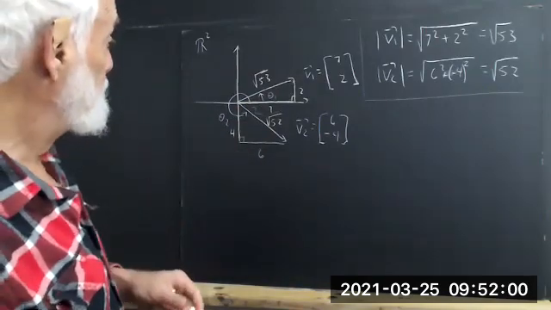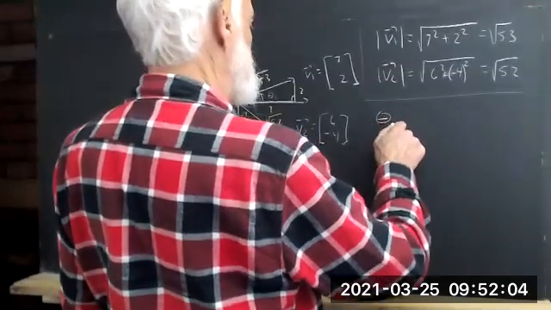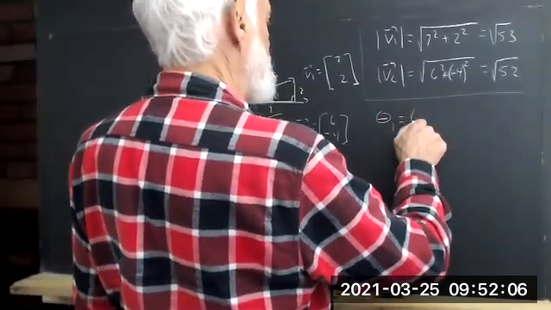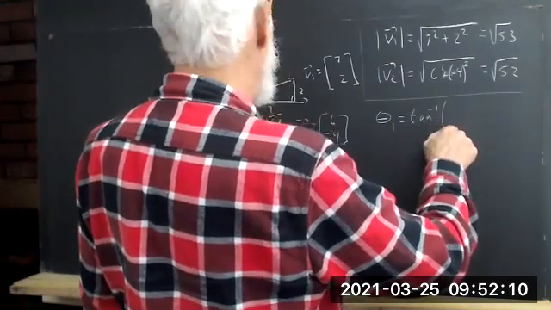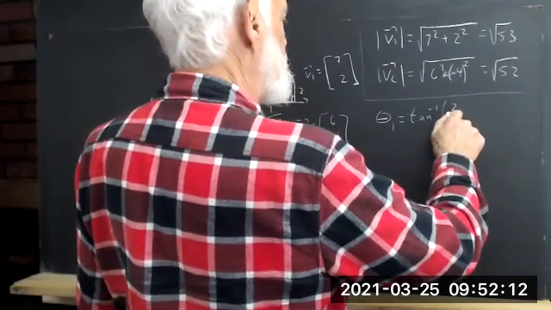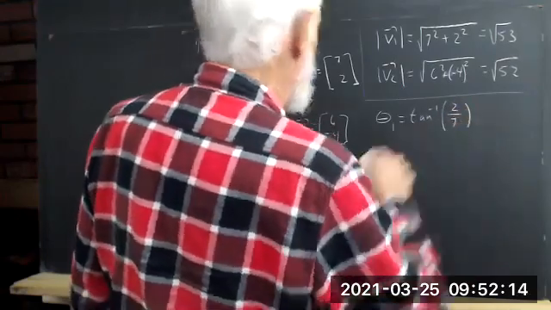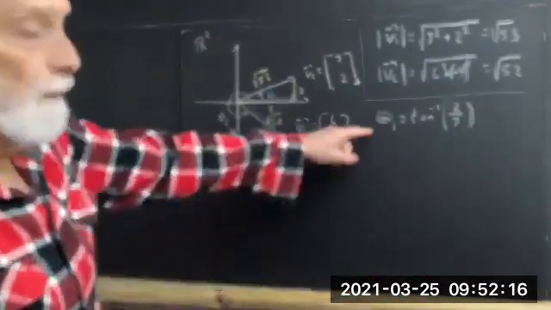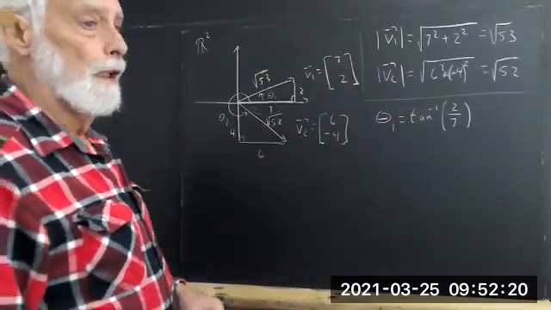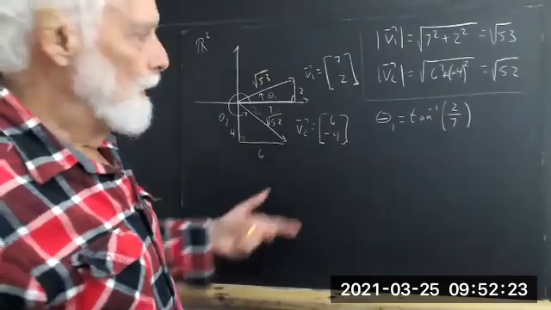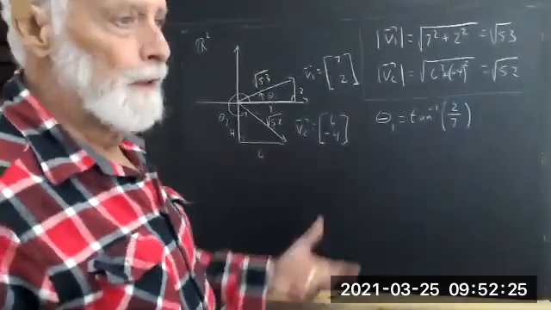Now the angle is the arctangent of 2/7. That's theta 1. You can calculate that. You put it in your calculator because you don't have a way of actually calculating it by hand.